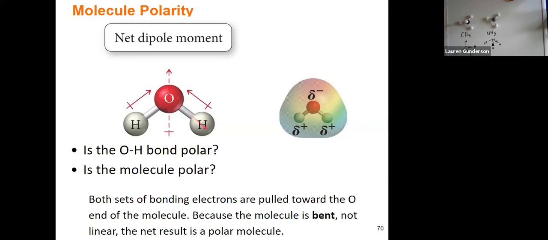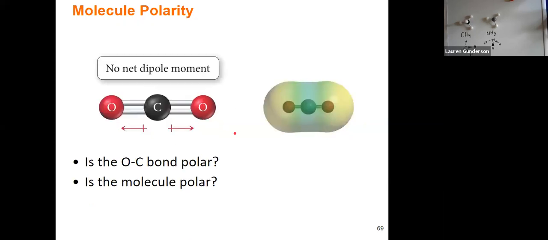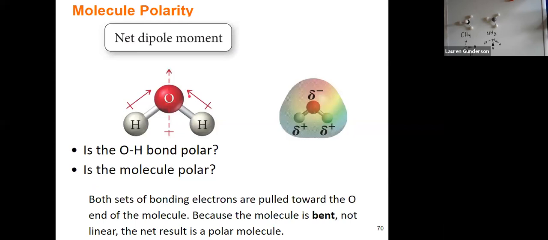These bonds do not cancel each other out the way that our previous example did because of the geometry of the molecules. This CO2 molecule is linear, okay? There are no lone pairs involved. There's no extra electrons anywhere to offset the canceling of the two polar bonds from one another. In the water molecule, you do not have a linear geometry, you have a bent geometry.